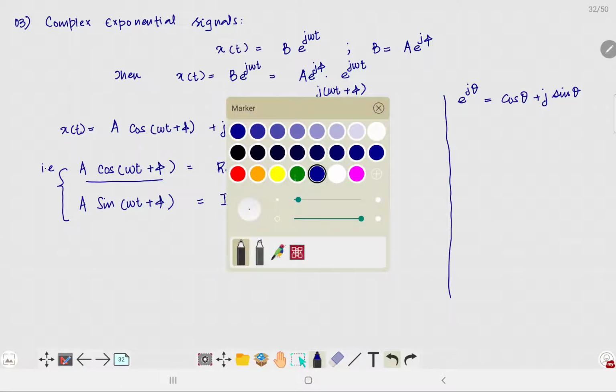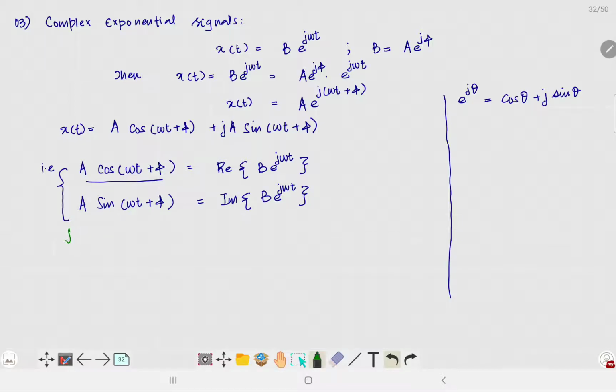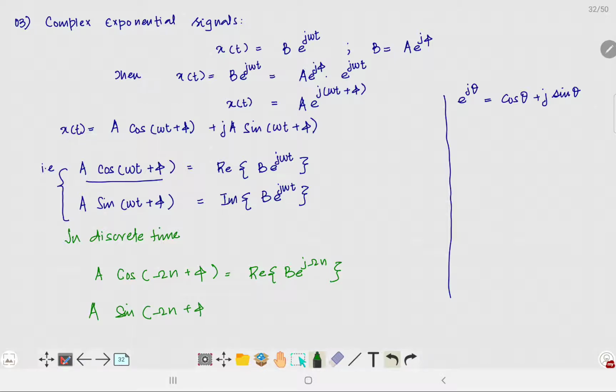And the generalization is valid for the discrete time case also. So in discrete time, we may write that A cos of omega n plus phi will be the real part of the complex exponential, and A sine of omega n plus phi will be the imaginary part of your complex exponential, where the quantities have their general meanings and the properties will still stand.